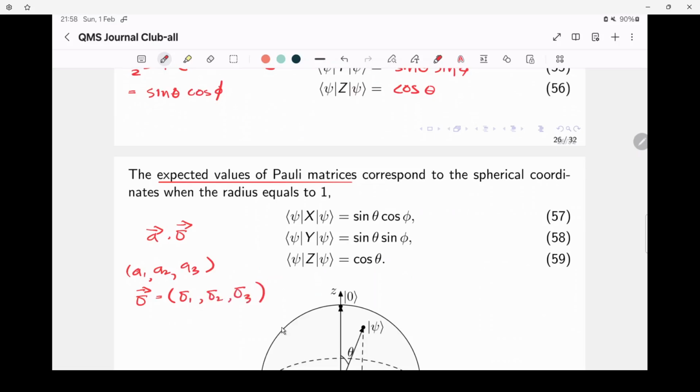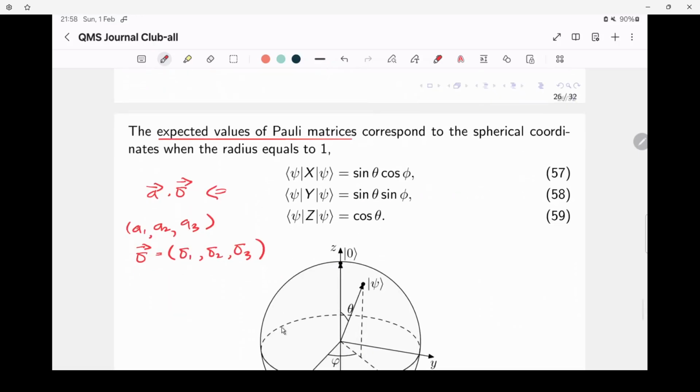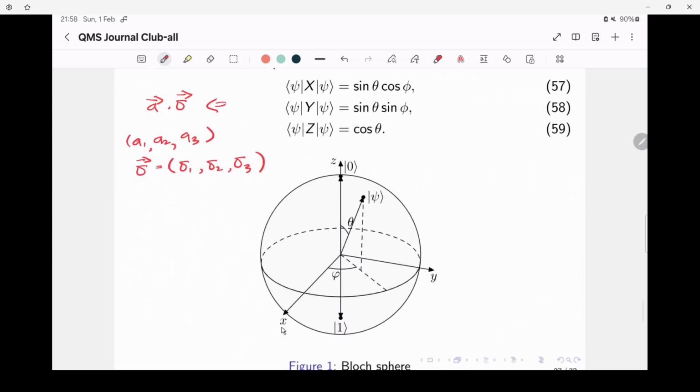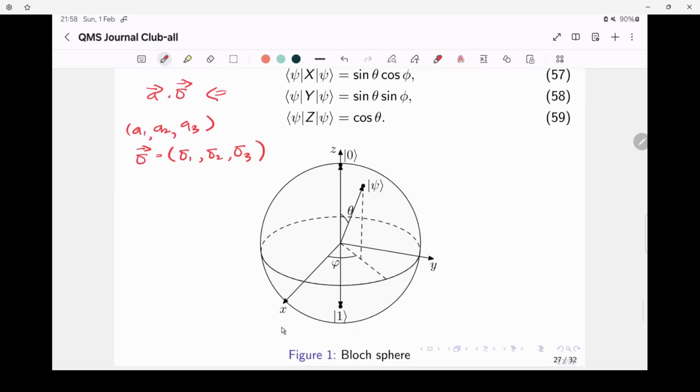Sigma 1 is your Pauli x, sigma 2 is your Pauli y, sigma 3 is your Pauli z. And just by performing this kind of rewriting of these values, you basically get back your Bloch sphere.